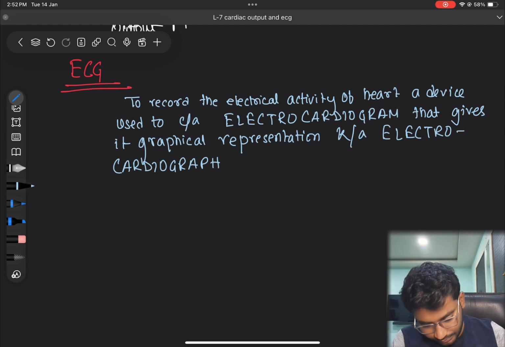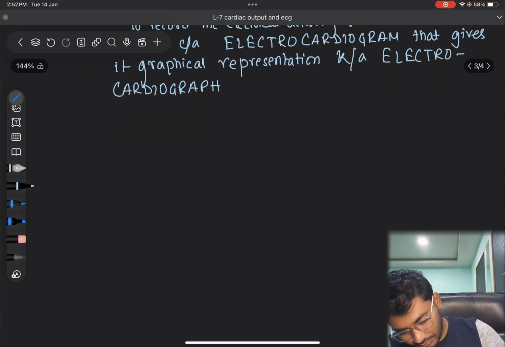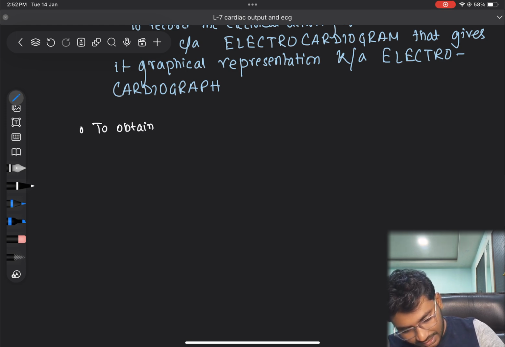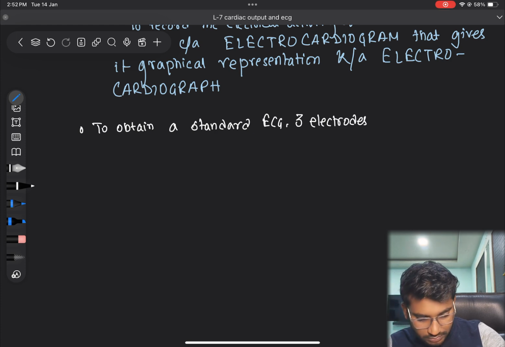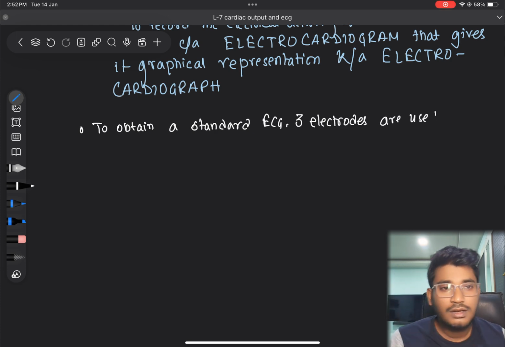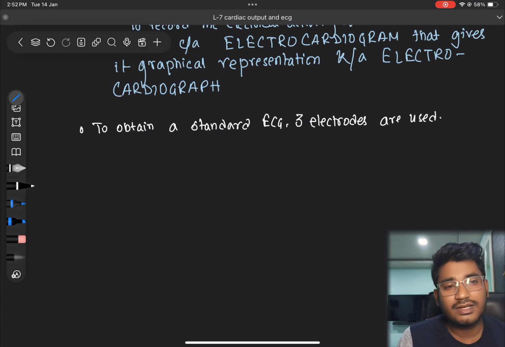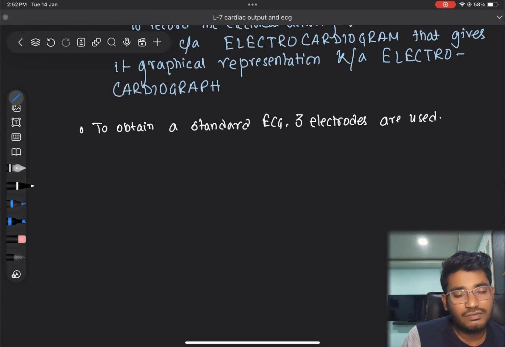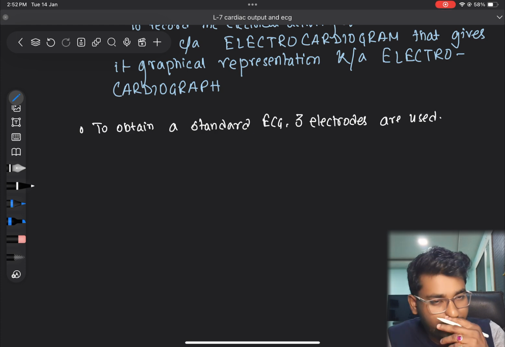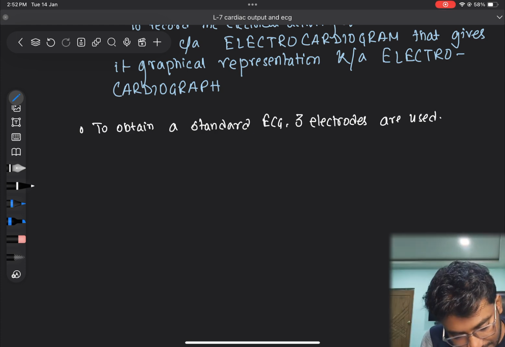Okay, so to obtain a standard ECG, 3 electrodes are used, but generally we prescribe a 12 lead ECG nowadays.